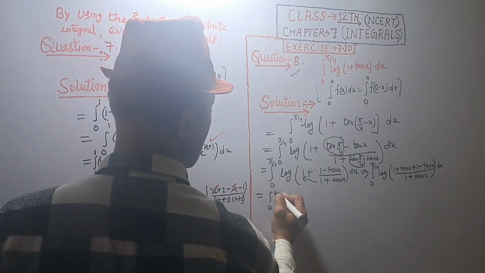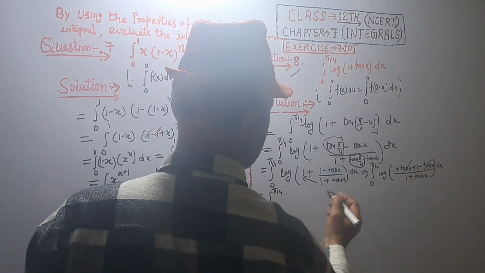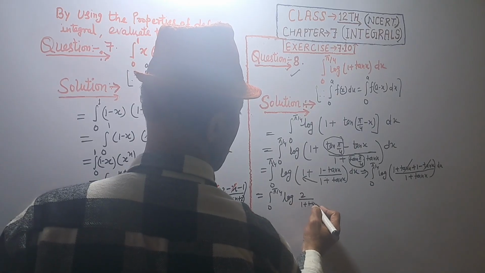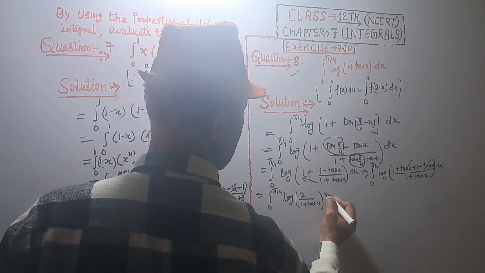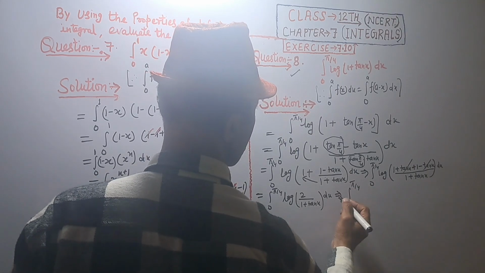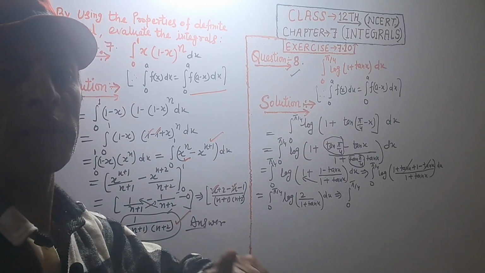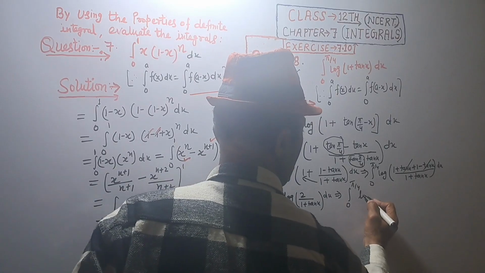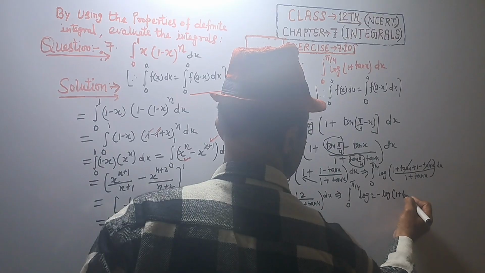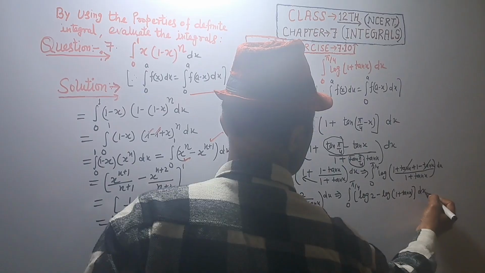That is equal to limit 0 to pi upon 4, tan x is cancelled, log of 2 upon (1 plus tan x) dx. Limit 0 to pi upon 4, log a upon b is equal to log a minus log b. Log of 2 minus log of (1 plus tan x) dx.